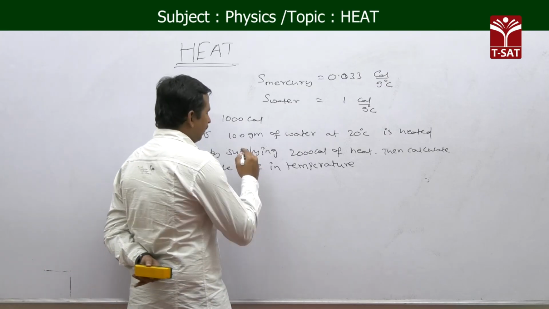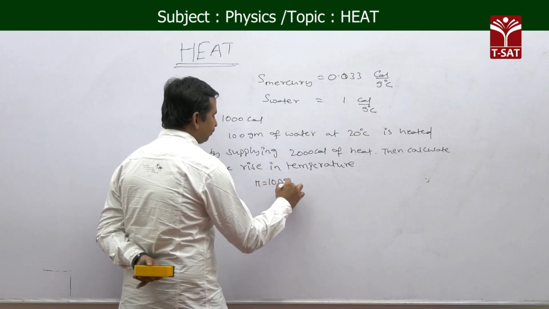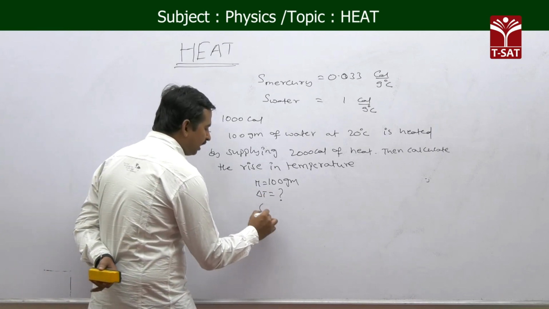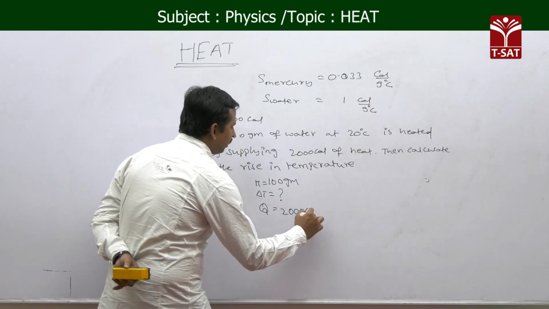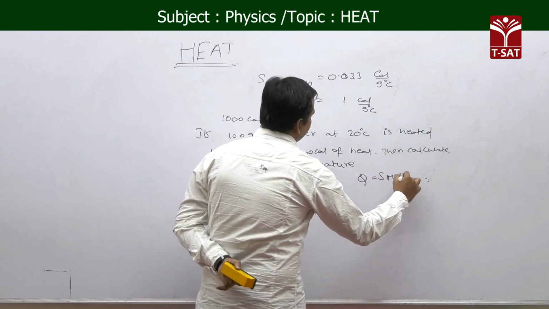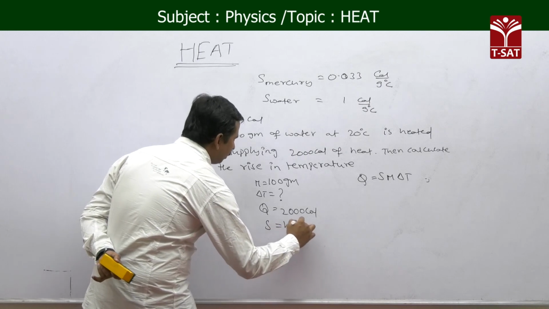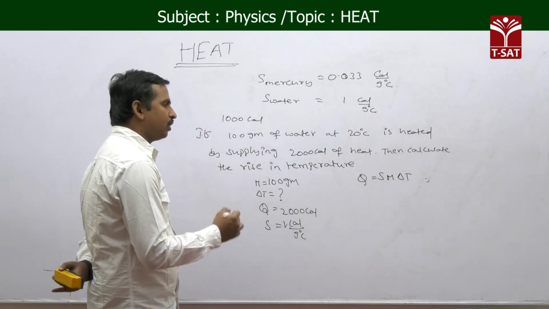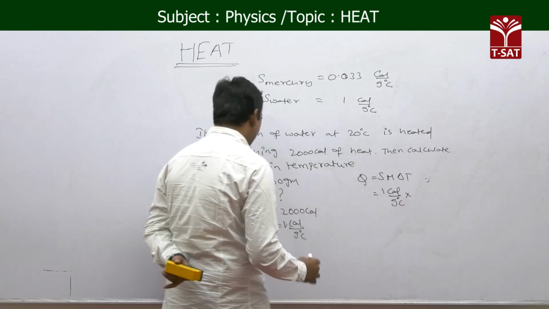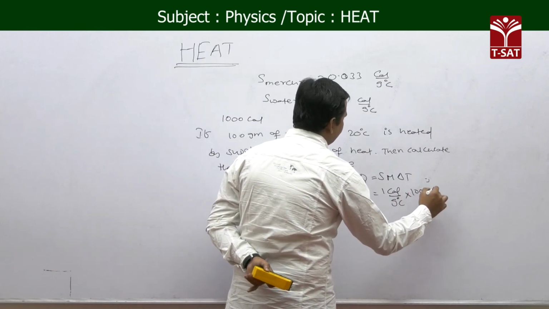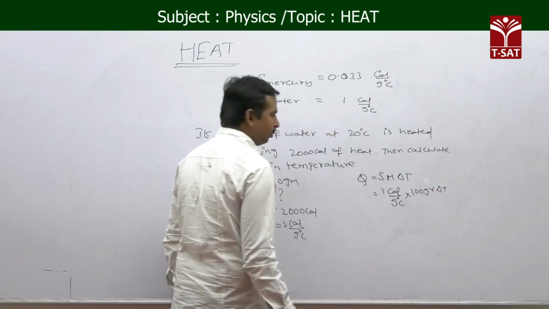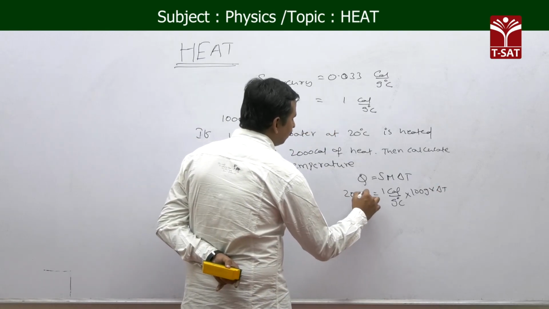We know that m is given, which is 100 grams, and the change of temperature we don't know, and the heat energy given is Q equal to 2000 calories. Then we know that Q is equal to S m delta T, where S is equal to 1 calorie per gram degree Celsius, mass is 100 grams, and the change of temperature we don't know, let it be delta T. The supplied heat energy is 2000 calories.